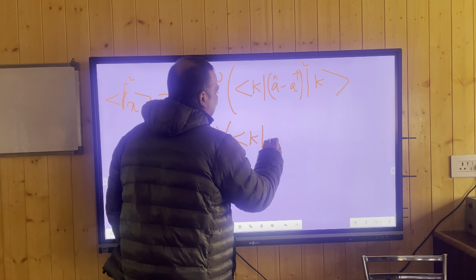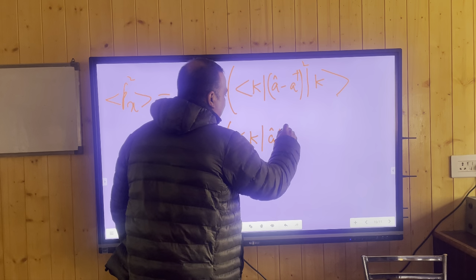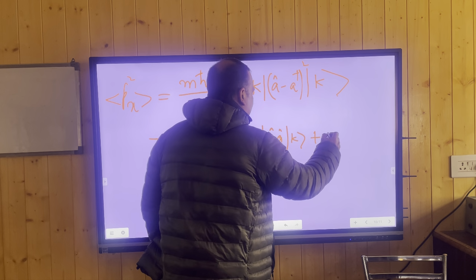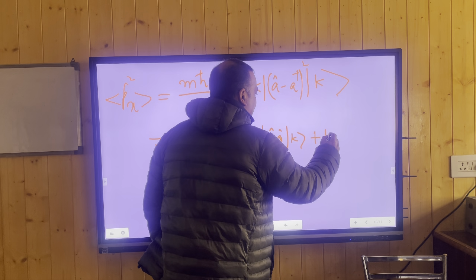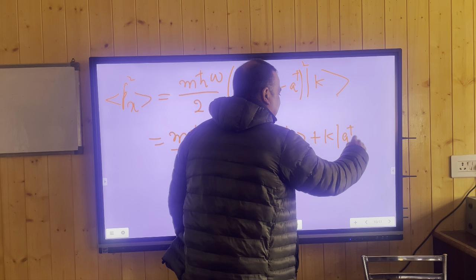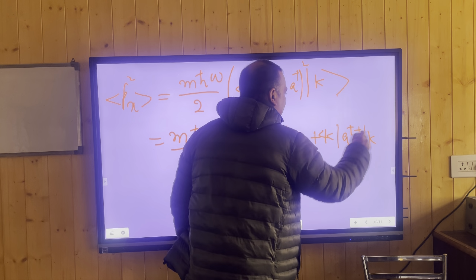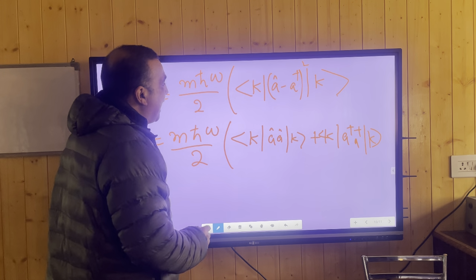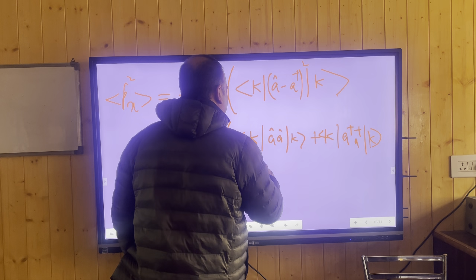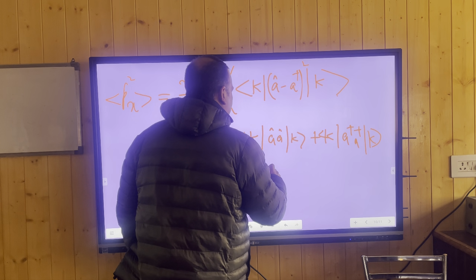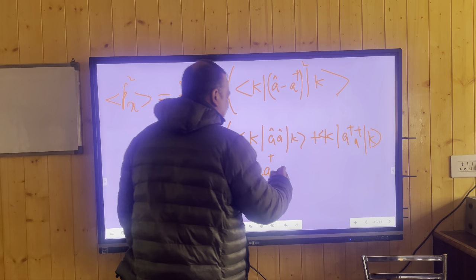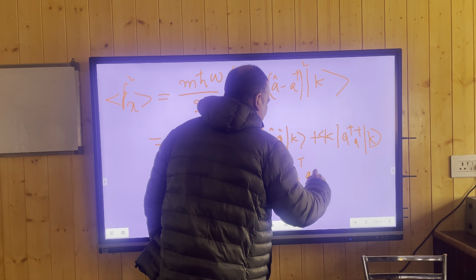You will have k, a, a, k, which will be term number 1, and then plus k, a, a dagger, k. Then you will have a dagger, a, minus, and minus a dagger a.